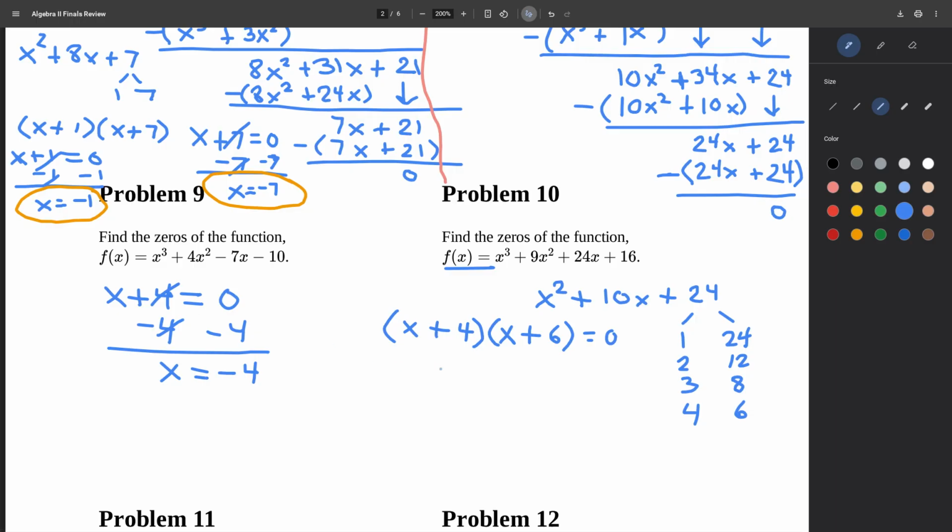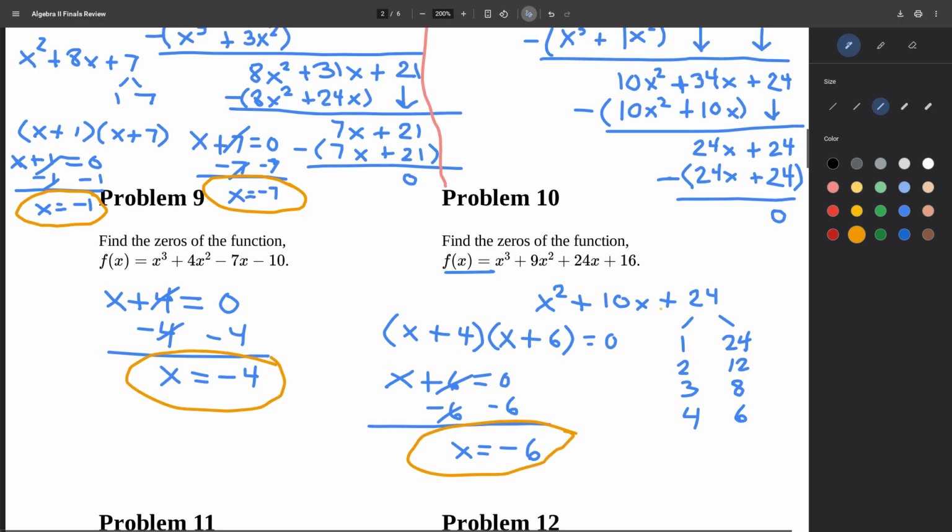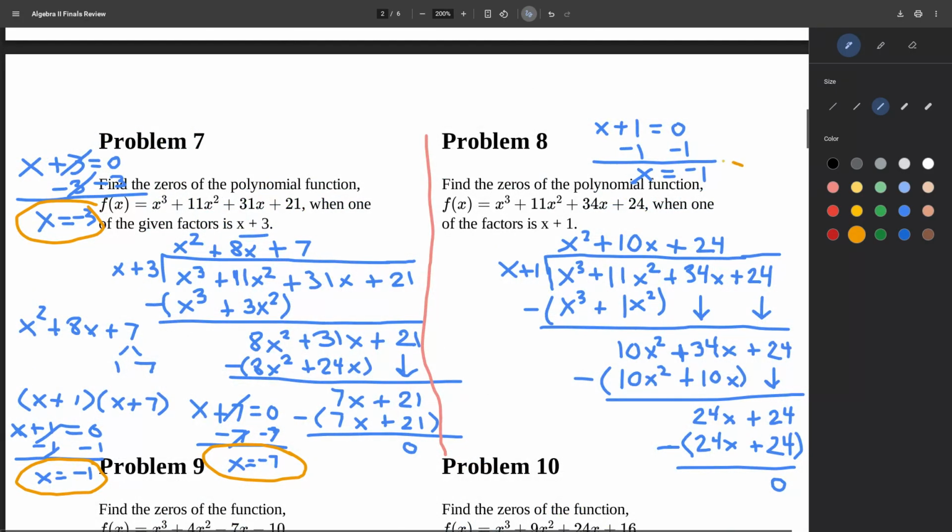So that's a zero. And then x plus 6 equals 0. Subtract 6 from both sides. We get x equals negative 6 is another zero. So our zeros are x equals negative 6, x equals negative 4, and remember x equals negative 1 here.